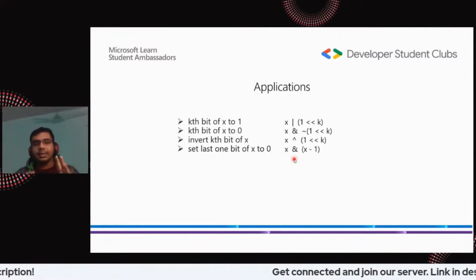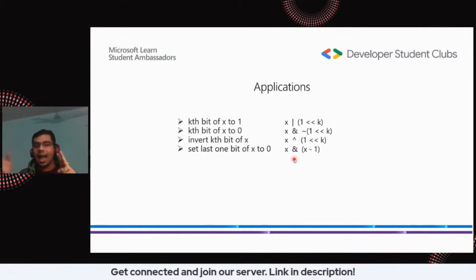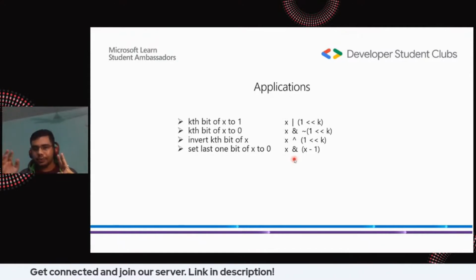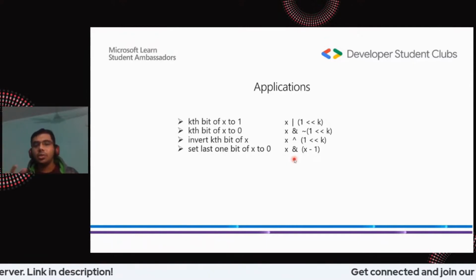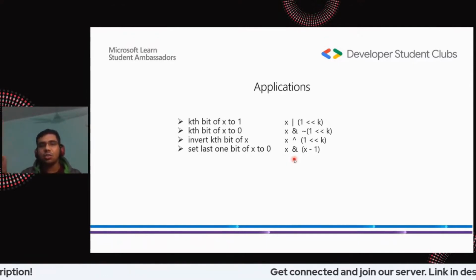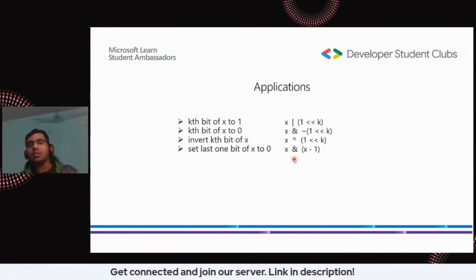Sorry, I'm bad. So 1, 1, and you are doing an AND with 1, 0. What does this result in? This would result in 1, 0. So that's how the last one bit, the LSB, was our last one bit, and we just converted it to 0.